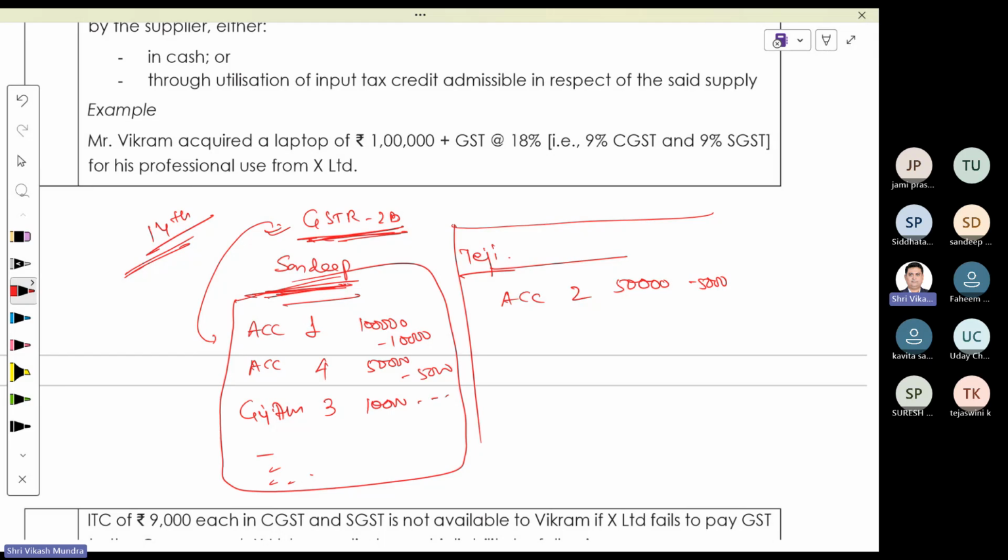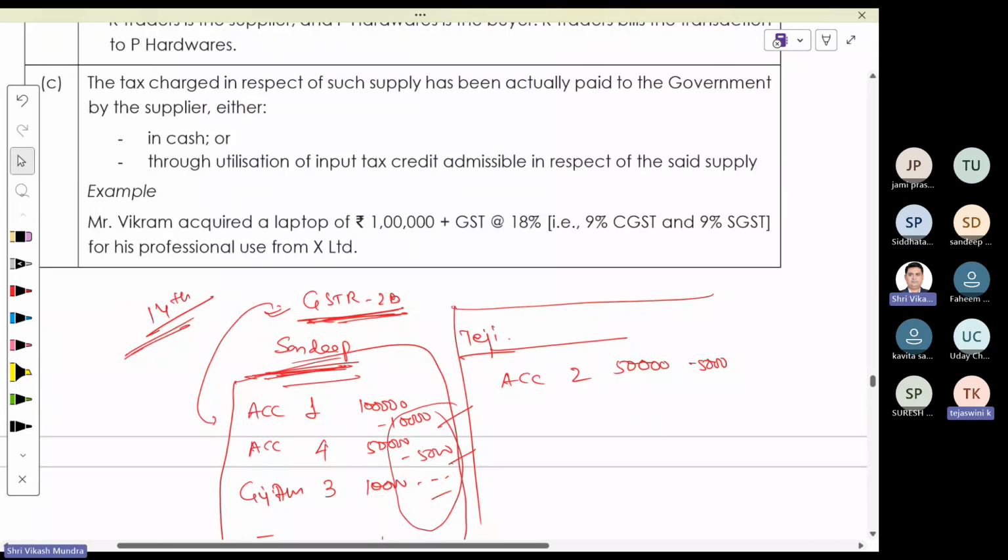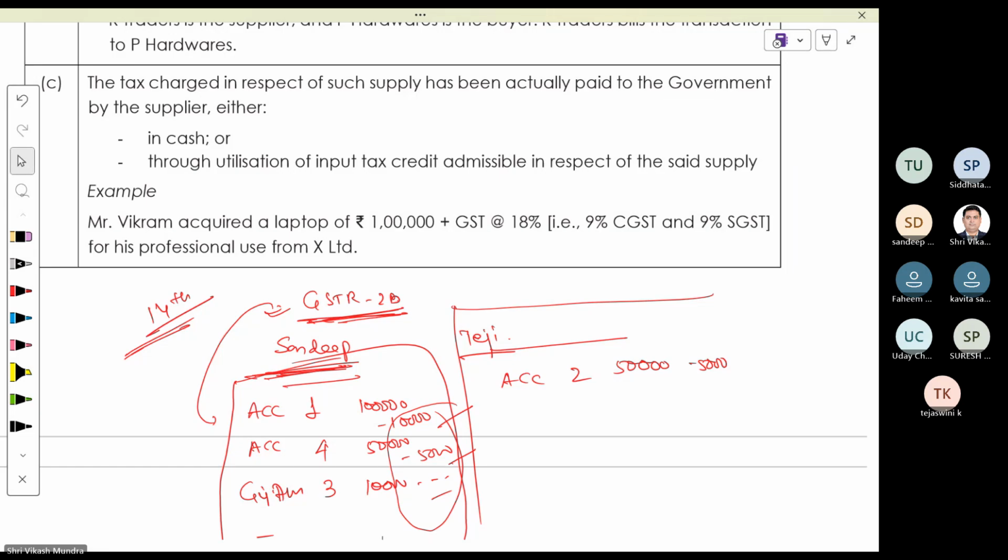Accordingly, he is eligible to claim this 10,000, 5,000 and these amounts as ITC. Is it clear? Try to understand the mechanism. If you are not able to understand the mechanism, then it is very difficult to understand the various returns.